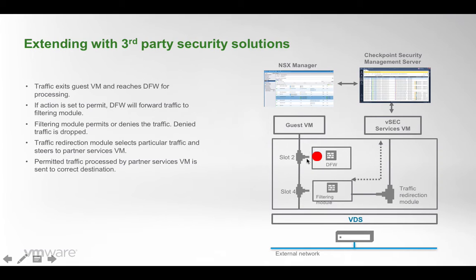Traffic has to pass through the distributed firewall first, and if you create redirection policies, the traffic goes to the filtering module, and then passes to the service VM, after which it is sent to the external network.